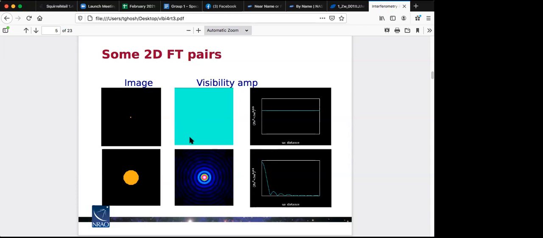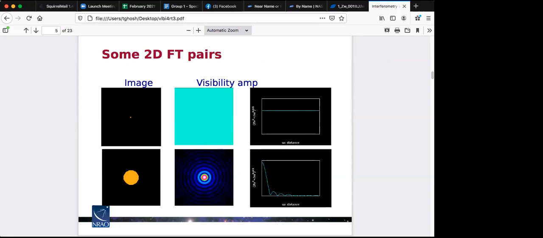Basically, you take the square root of U squared plus V squared, the amplitude of the baseline vector, and plot your measured visibility as a function of that. And it stays unchanged. So the Fourier transform of a straight line that doesn't change is the point source, a delta function. So these two check out.